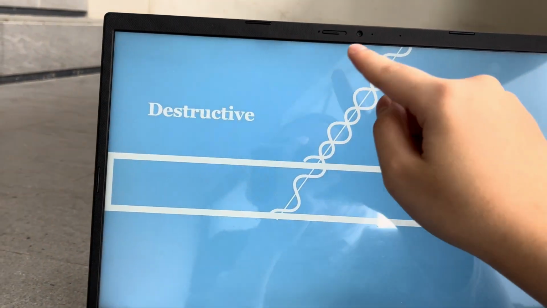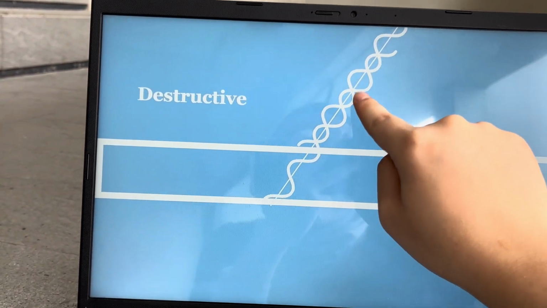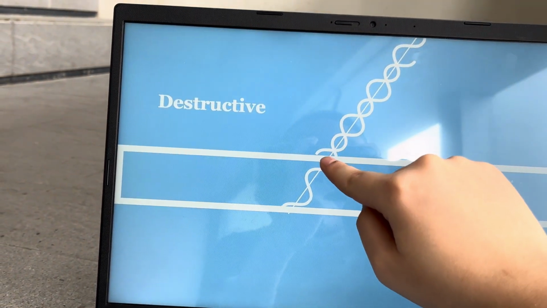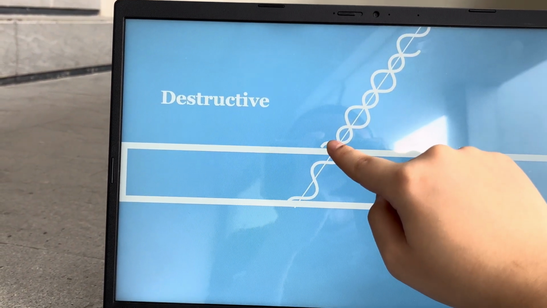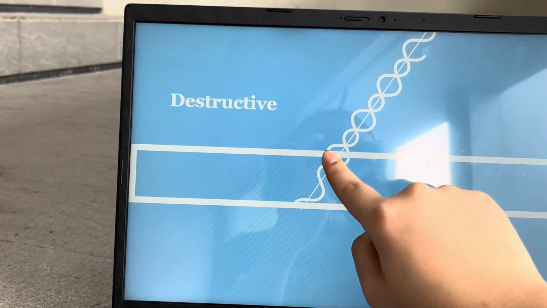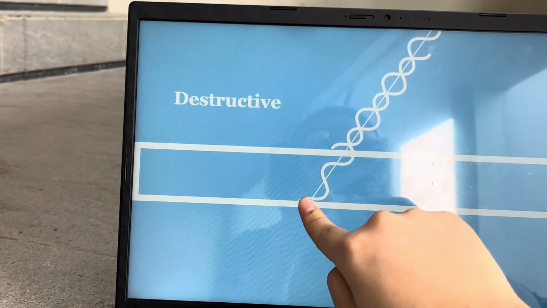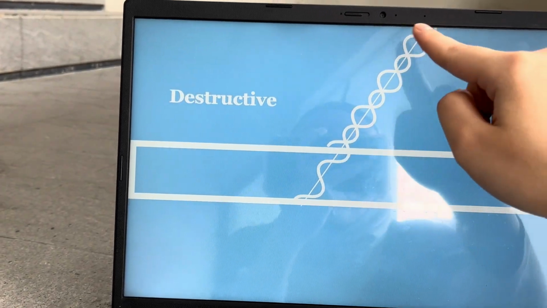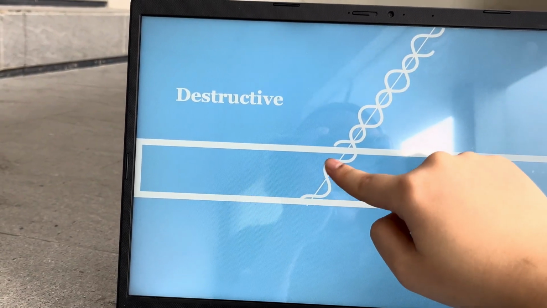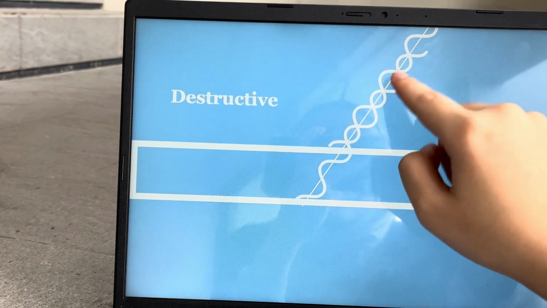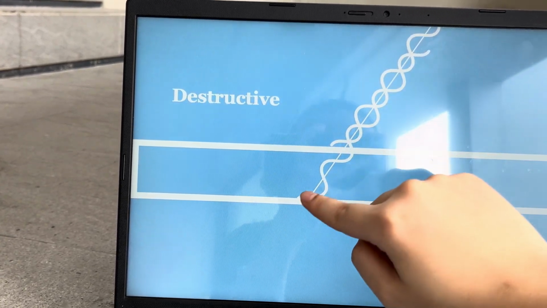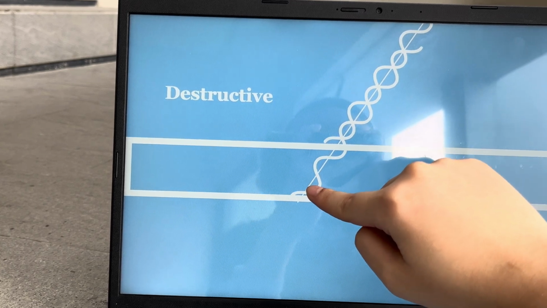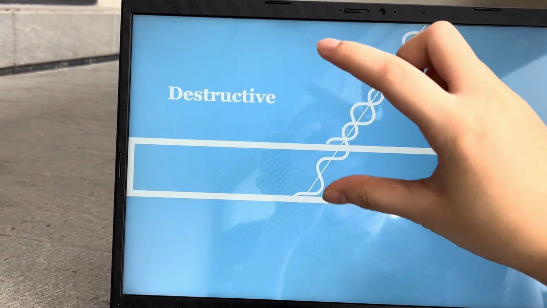So basically, this is the first wave. This is the wave that bounces off from the front side, and then this is the wave that bounces from the back side. As you can see, the ones from the back side will have to go a longer distance, and so sometimes when they don't align properly like this, they will destruct each other. So this is the original line, and the line that is straight like this is when they cancel each other out.